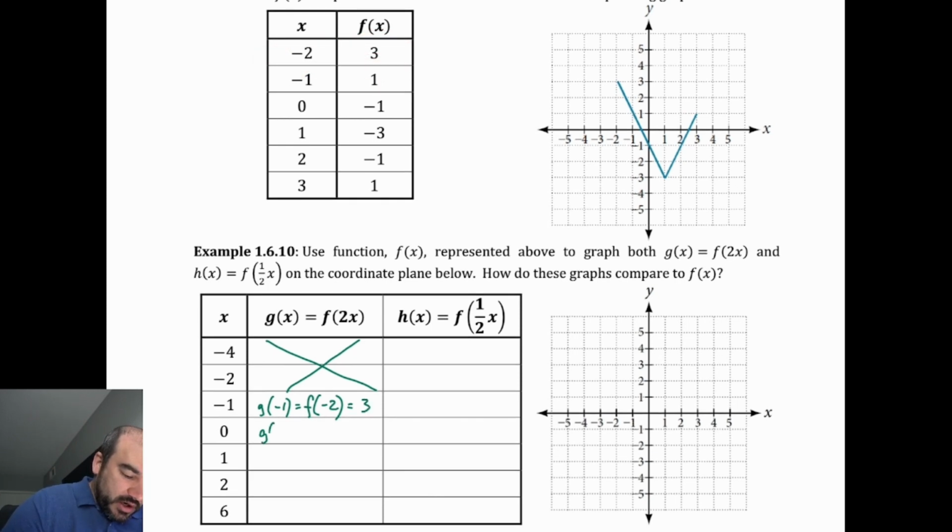And then g of 0 is going to be f of 2 times 0, which is 0 still. And that's going to be -1 from the original table. G of 1 will be f of 2, because we multiplied the x value by a 2. And f of 2 from the original graph is going to be -1.